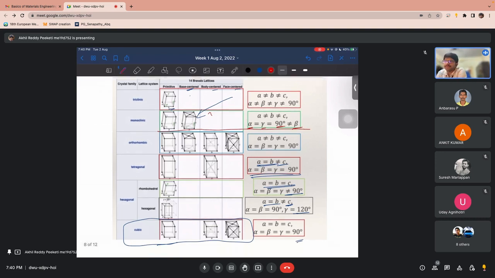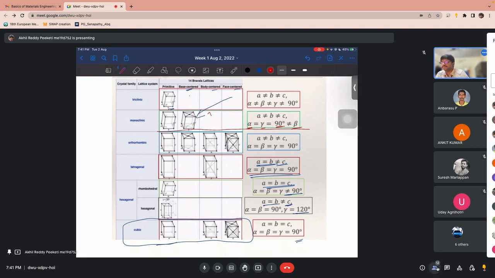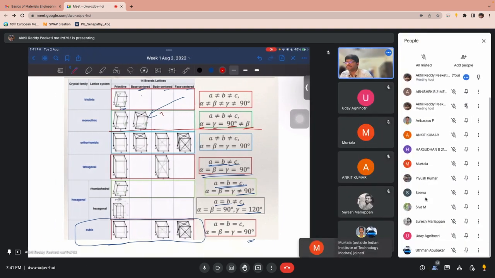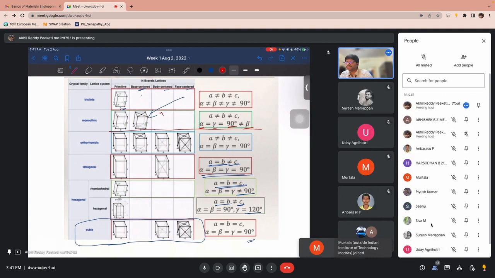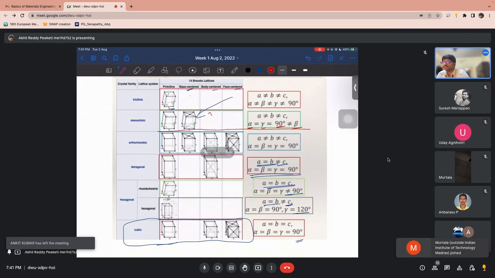I'll give you like 2 minutes to think about it. So can any of you explain now what kind of symmetry this should have?